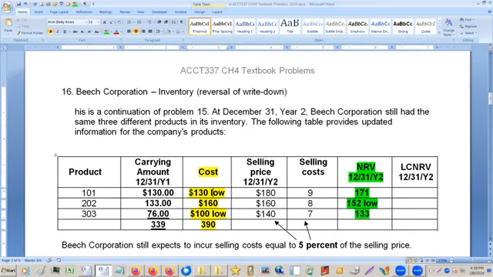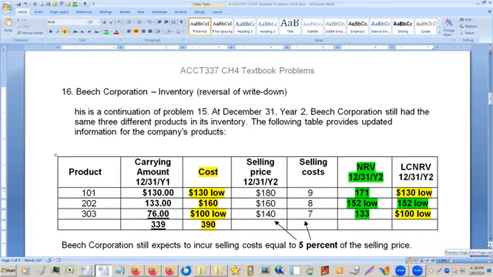So if we add all those up, 130 plus 152 plus 100, 382.